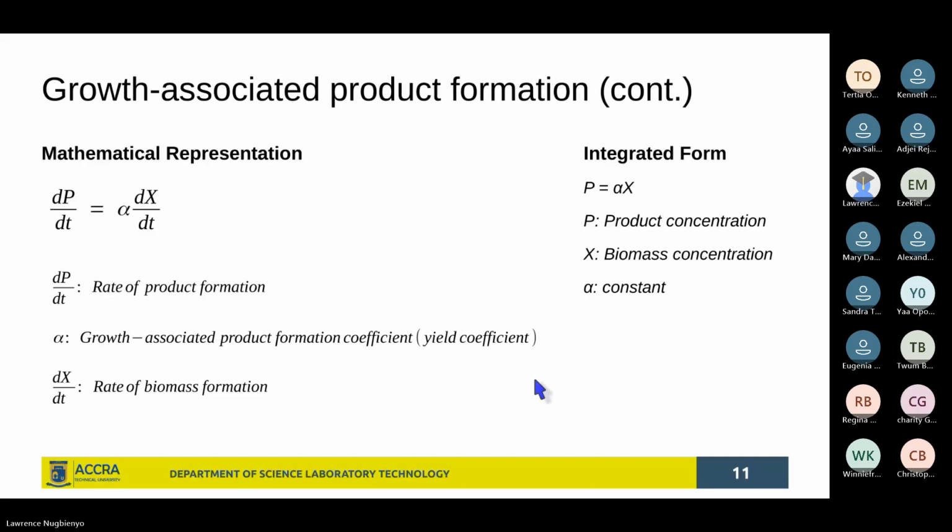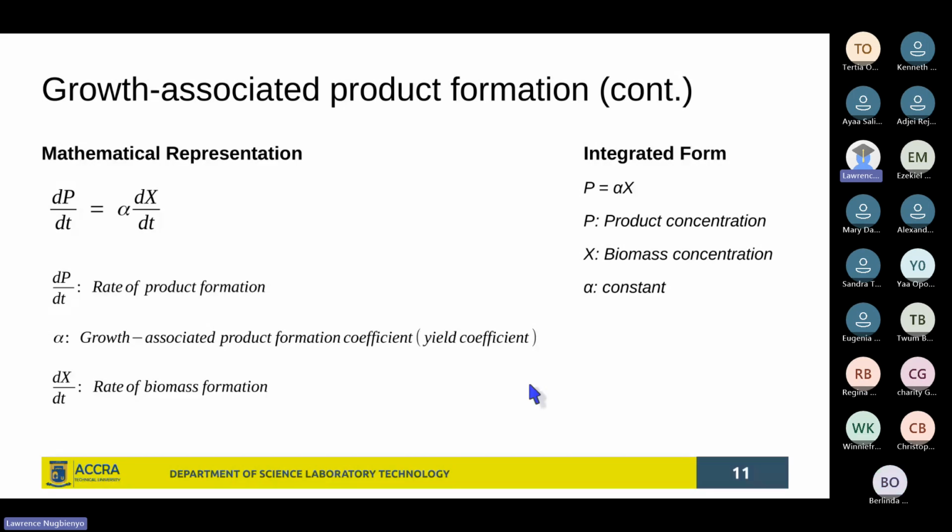Now, that growth associated production is also something which can be expressed mathematically. Because of course, if you are able to express something mathematically, you have the ability of controlling it more.